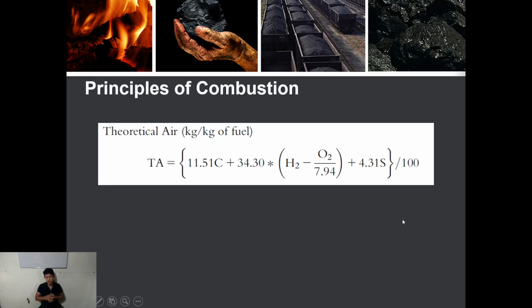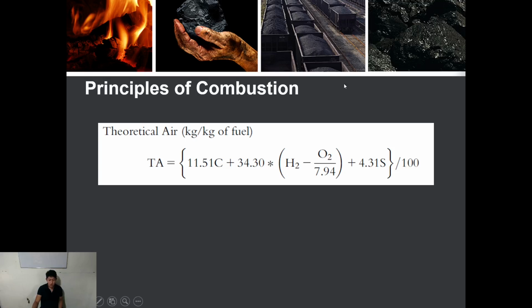For coal, it is usually given by ultimate analysis. So you will be given the amount of carbon, the amount of hydrogen, and the amount of sulfur. Now where does this 11.51 come from? You start again with carbon plus O2 resulting in carbon dioxide.